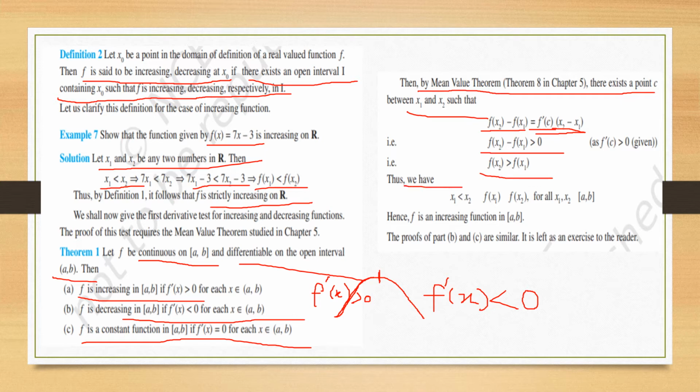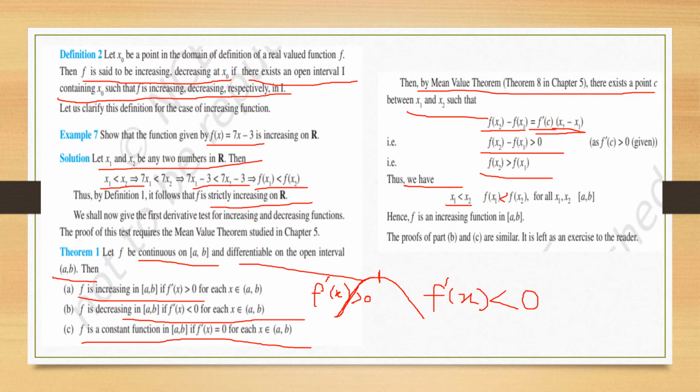So f of x2 is greater than f of x1. Therefore, when we have x1 less than x2, f of x1 is less than f of x2 for all x1, x2 belonging to (a, b). This is the condition for an increasing function, as we have done earlier.